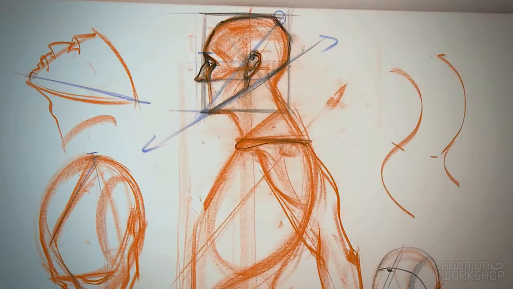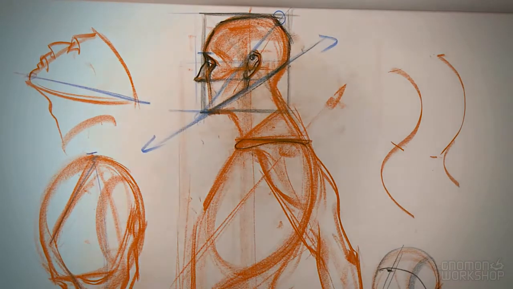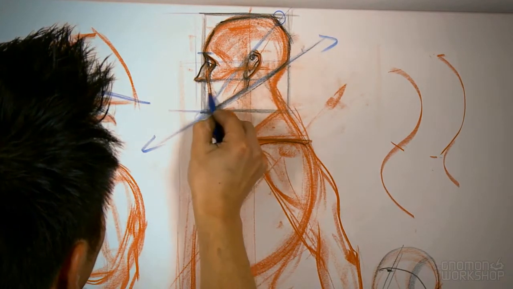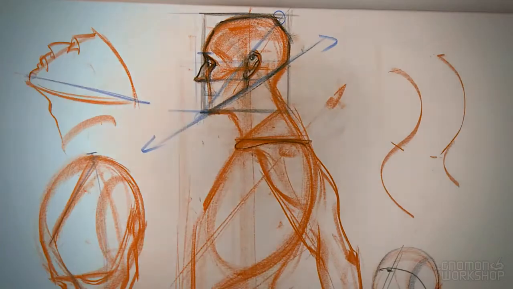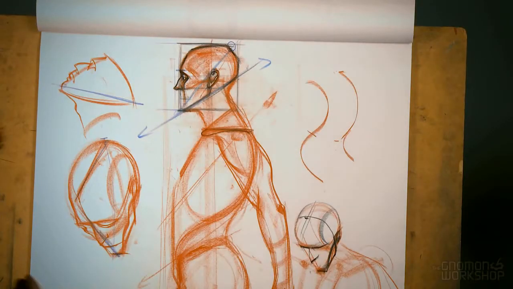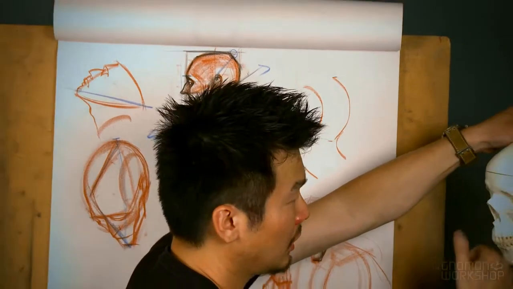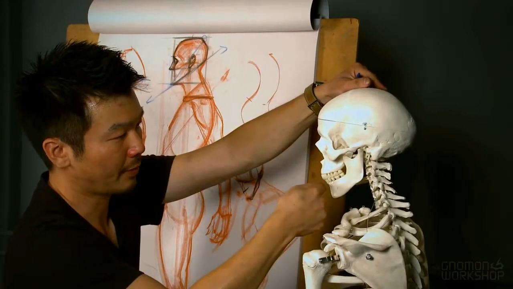Okay. Mouth, 1/3 between the nose and the chin, right? 1/3, about 1, 2, 3, somewhere right here. But when you draw the mouth, as you can see on the skull, there's a barrel. And then the lips go over the barrel.